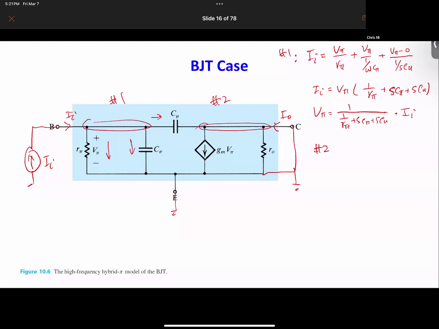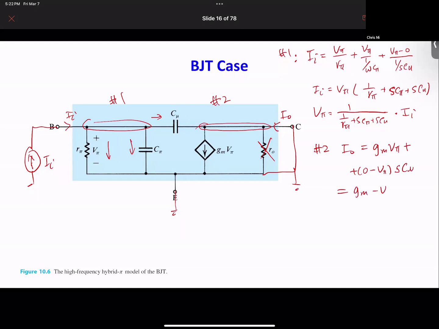For node number 2, the current over here is 0. So we have IO equal to just GM times V pi, plus 0 minus V pi times S C mu, so equal to GM minus S C mu, times V pi.